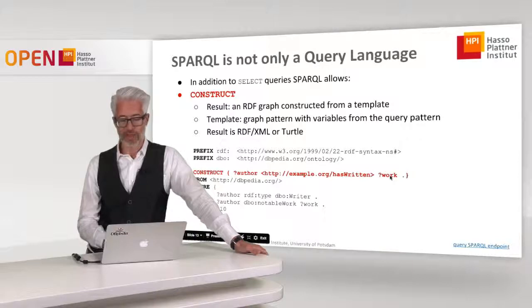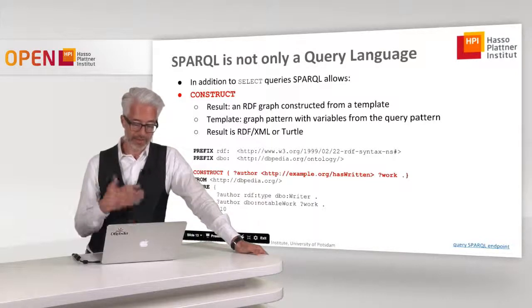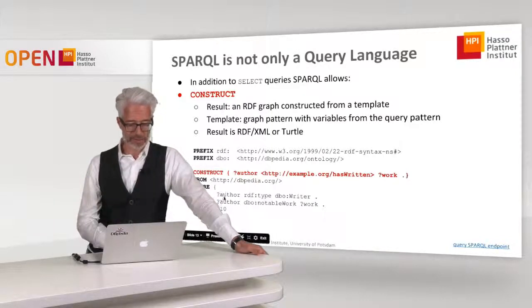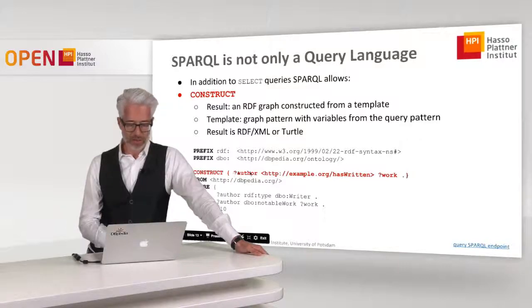And then I have the output variable work, and then this should be closed by a period. And then the rest is like in a select statement. I also select authors of type DBO writer, and I select work, which is connected to author by notable work. And then I should end up with triples, which should be constructed exactly like this between authors and their notable works, and I limit the results to 10.